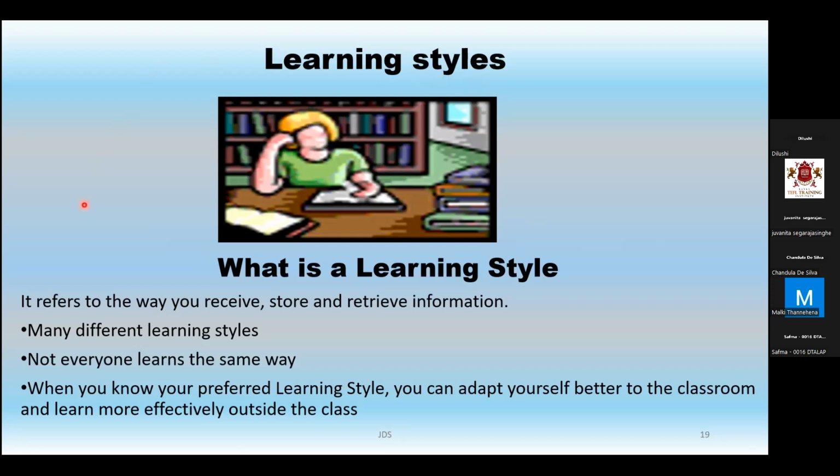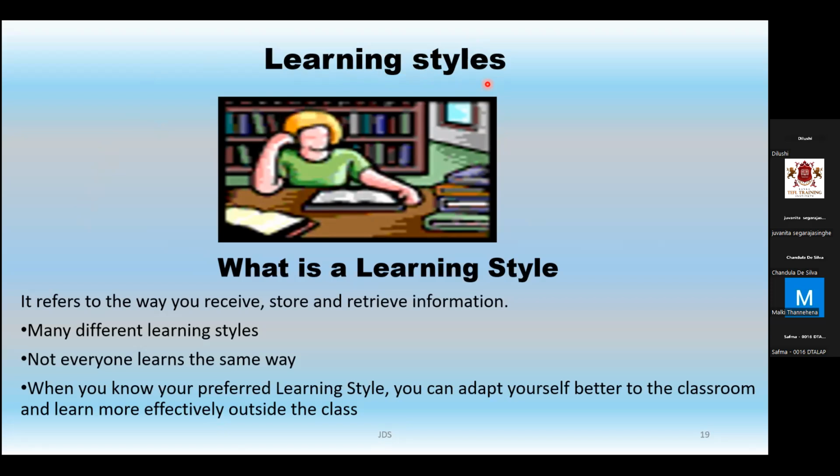So in addition to the learner behavior, when the learning style of the particular learner is not met, he will definitely have a deviant behavior. It will result in a deviant behavior, right? So thereby learning styles determine how children behave in classes.